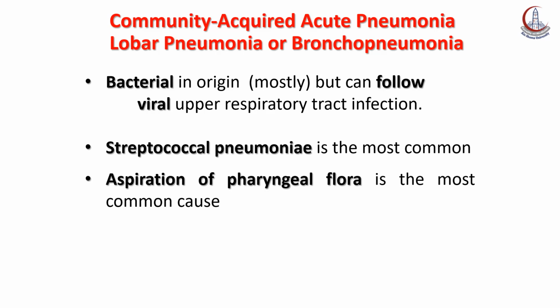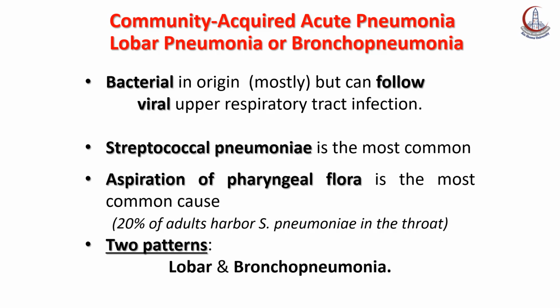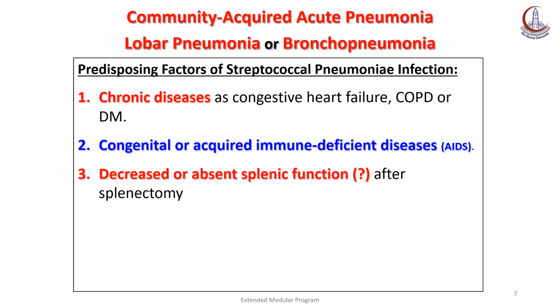Aspiration of the pharyngeal flora is the most common cause precipitating the pneumonic response. 20% of adults harbor staphylococcal organisms in the throat, so aspiration of the pharyngeal contents causes that disease. Two patterns of acquired pneumonia, either lobar or bronchopneumonia.